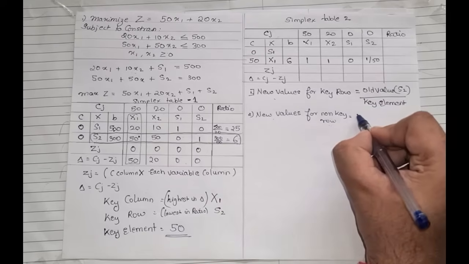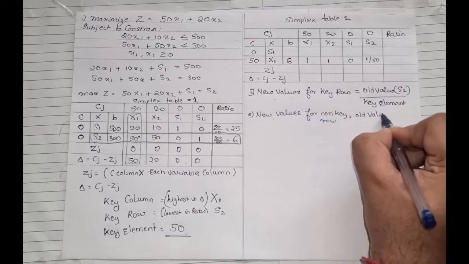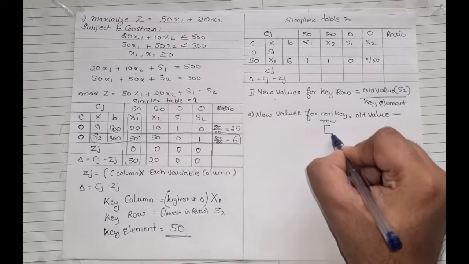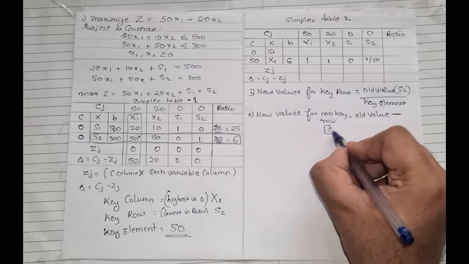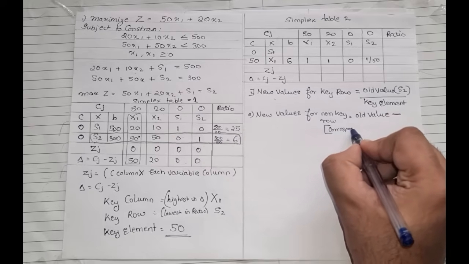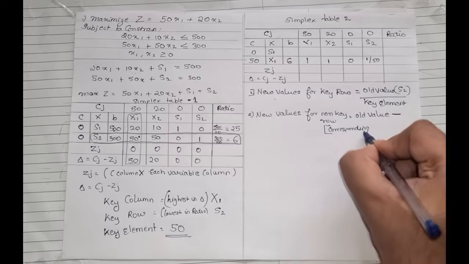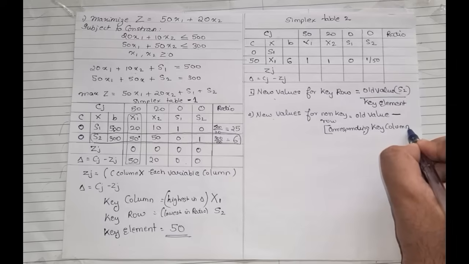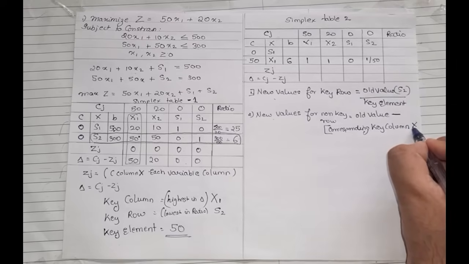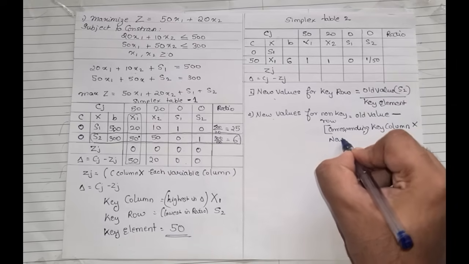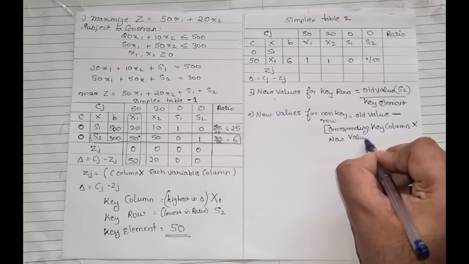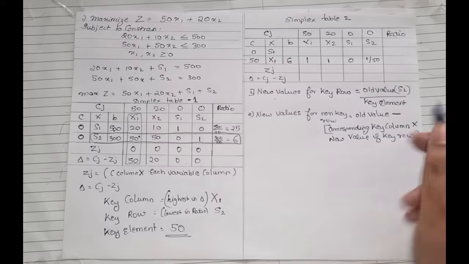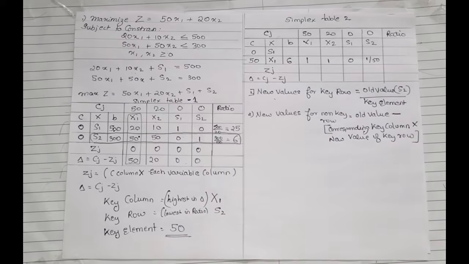The formula is old value minus corresponding key column into new value of key row. Now the formula looks big, but while solving it is very simple.